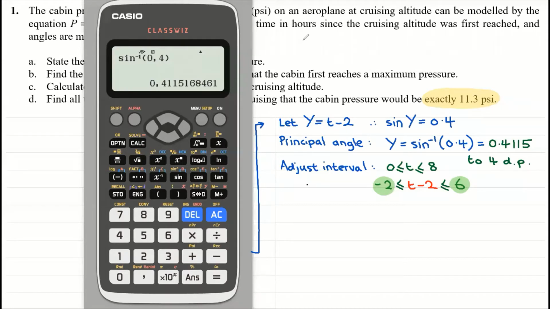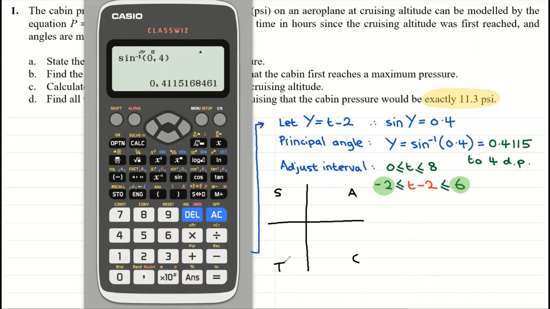So I'll get the CAST diagram on here. C, A, S, and T. Just to give you an idea, 0.4 is going to be a nice acute angle.